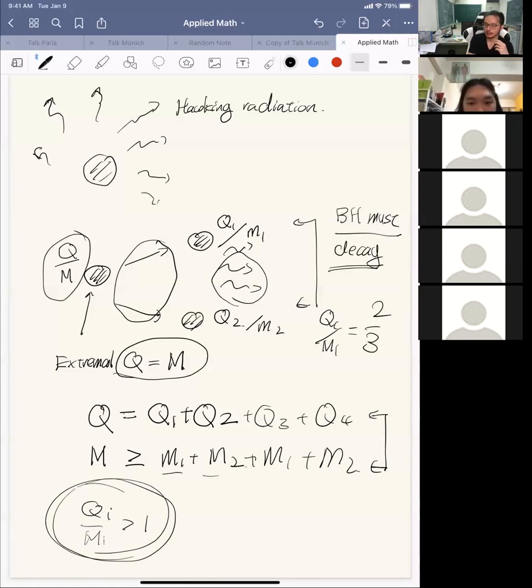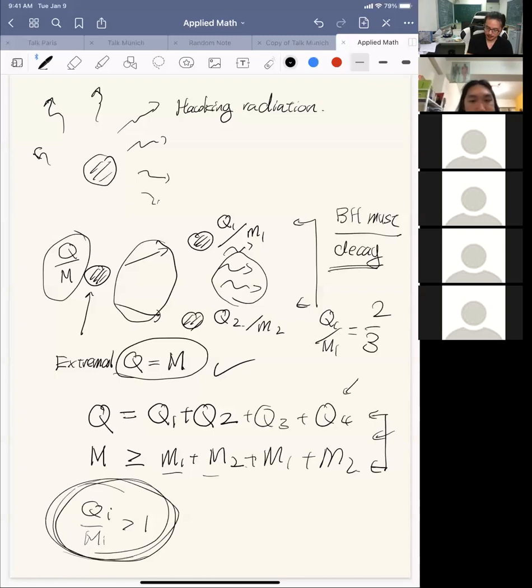Okay, but you see that there's a problem with gravity now, because first of all, we know that extremal black holes exist, but just by charge conservation and energy conservation, we know that in order for a pure gravity theory to decay, even thermodynamically, you must have stuff that has Q over M bigger than 1, which does not exist in just pure gravity.